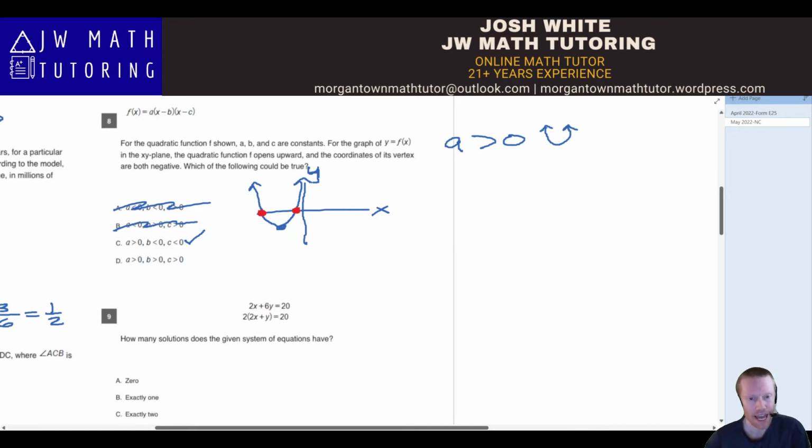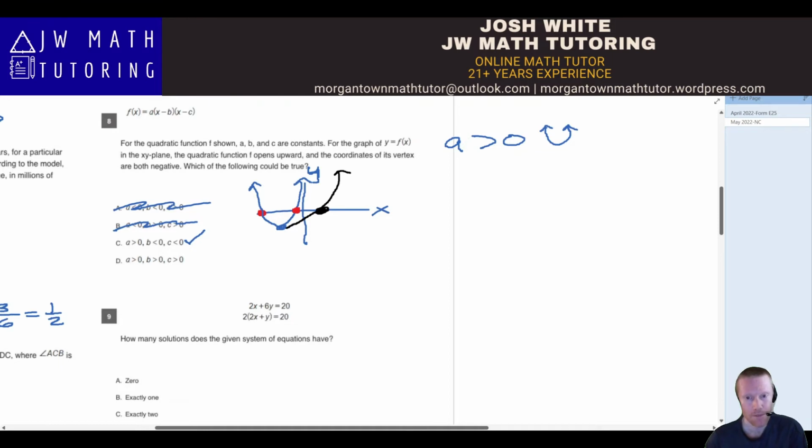The reason it has to be letter C and that it cannot be letter D is because notice in answer choice D, they have B and C both greater than 0, i.e. both positive. Well, that's mathematically impossible because if you take the vertex, and you're drawing out a quadratic function, yes, you could draw the right half of it over here such that it crosses for a positive x-intercept value.